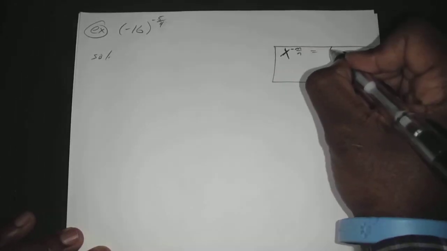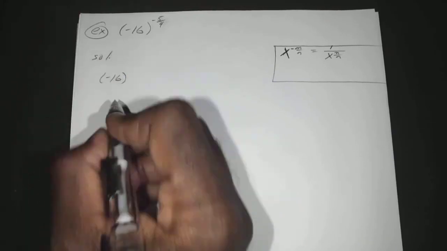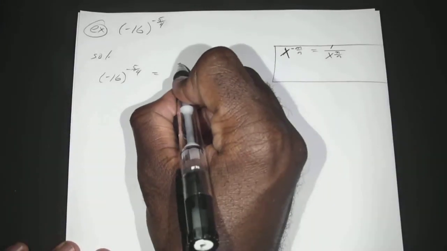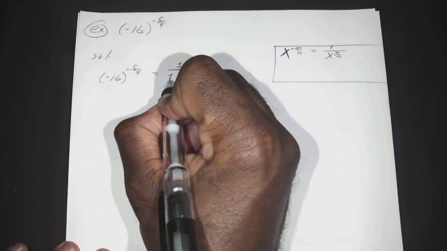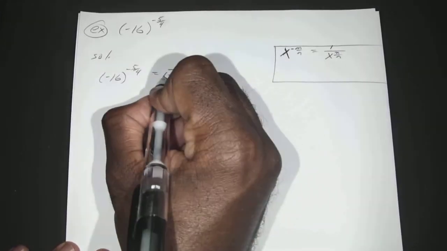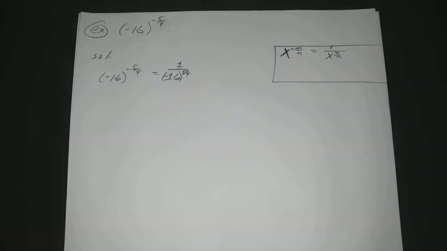It's just 1 over x to the m over n. So we're going to make our negative 16 to the negative 5 over 4 into 1 over negative 16 to the 5 over 4 power. All we did was take the exponent and make it positive by moving it to the denominator.